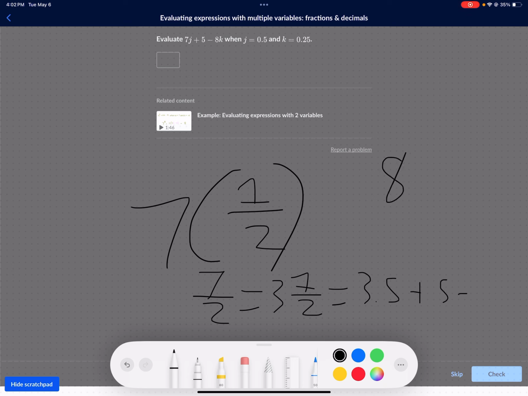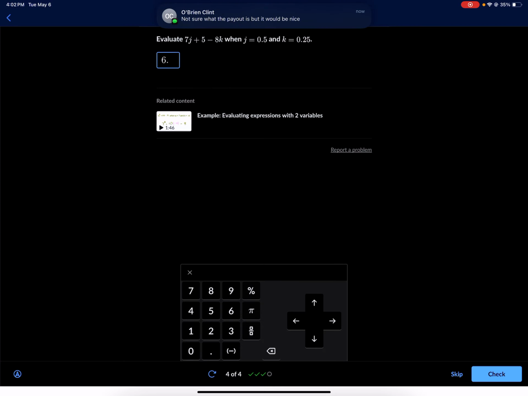So we have 8 and 0.25. If we convert that to a fraction, we get 1/4. 8 times 1/4 is 8/4, which is 2, so then we do 2, and then if we add all the numbers, we get 6.5, and that's what my calculator is telling me. So yes, it is 6.5.